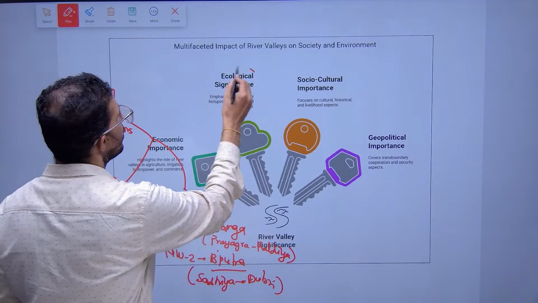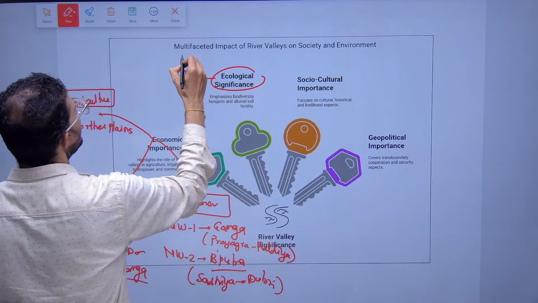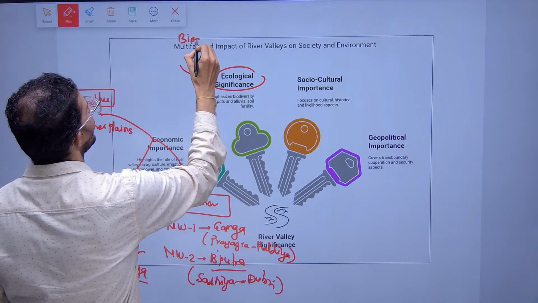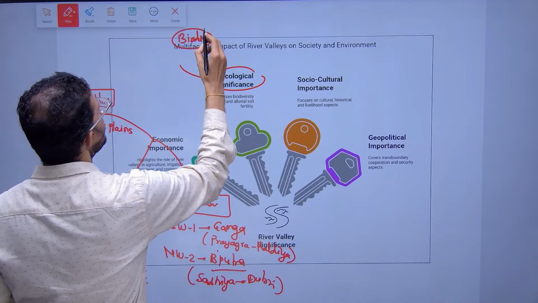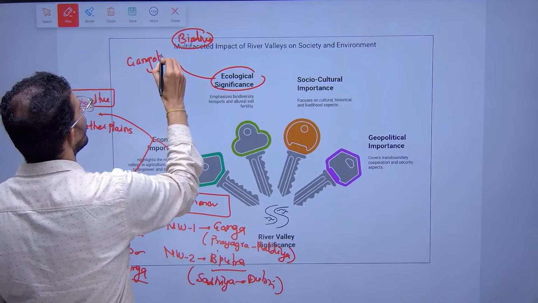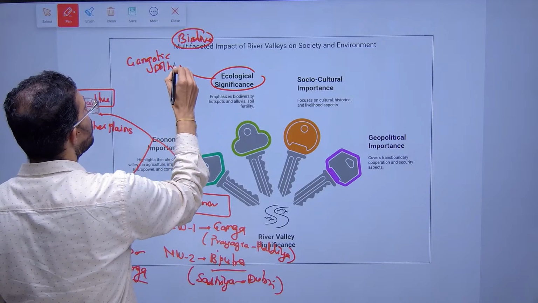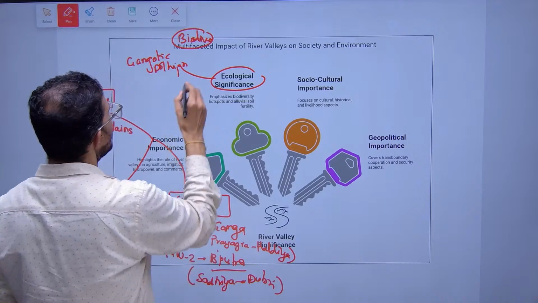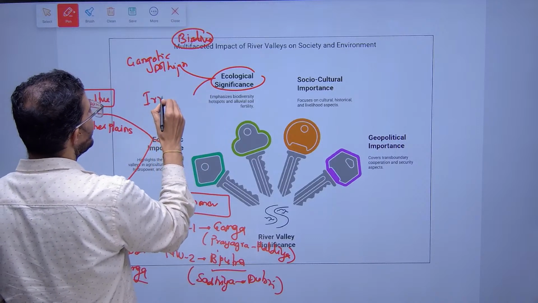What is the ecological significance with respect to biodiversity? Biodiversity means, if you see the Gangetic dolphin, just give the examples, don't write the general answers. Gangetic dolphin, then Irrawaddy dolphin.